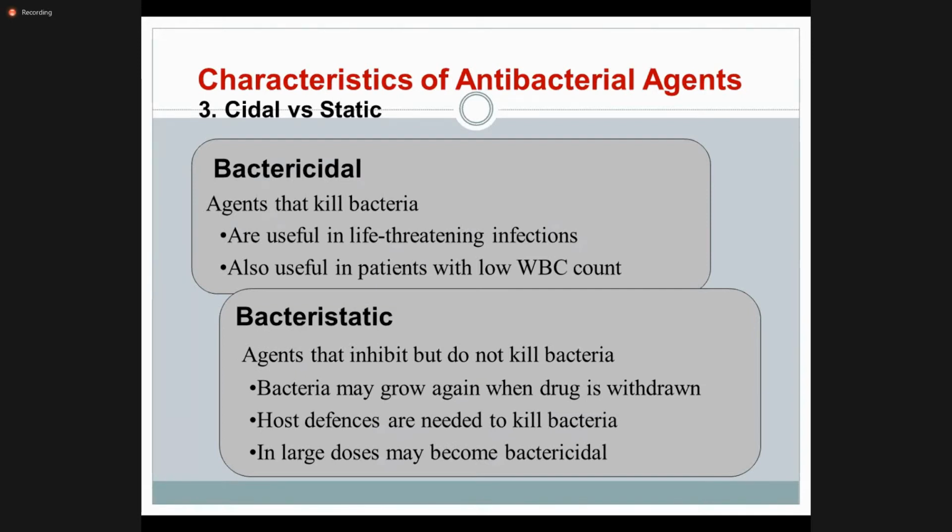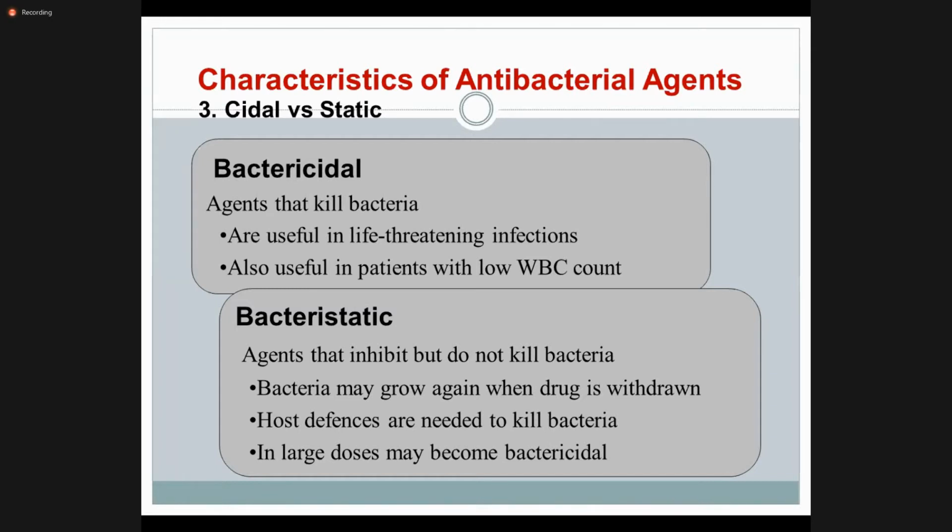So there are antibiotics that have the ability or capability to kill the bacteria, right? That would be labeled as bactericidal. And a bactericidal antibiotic, if we compare it with a bacteriostatic antibiotic, is supposed to be the most powerful antibiotic, right?